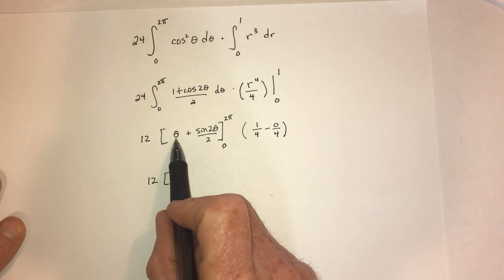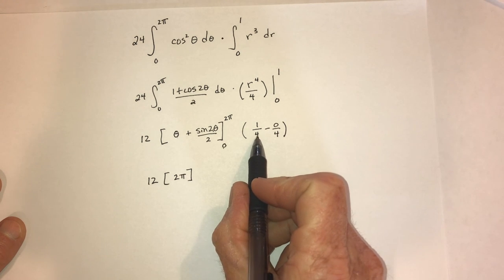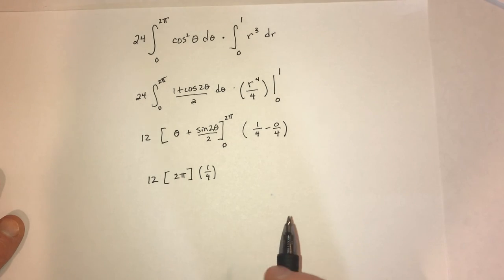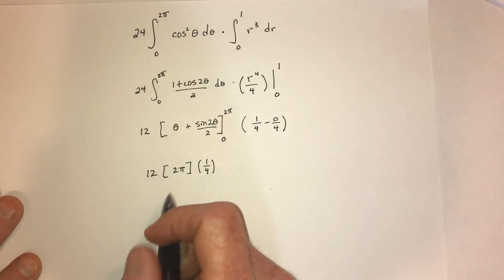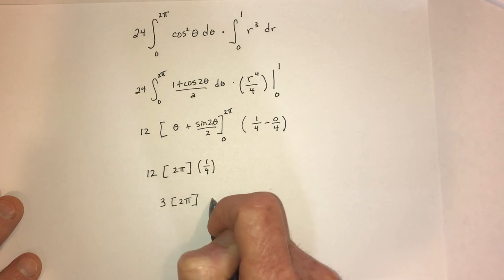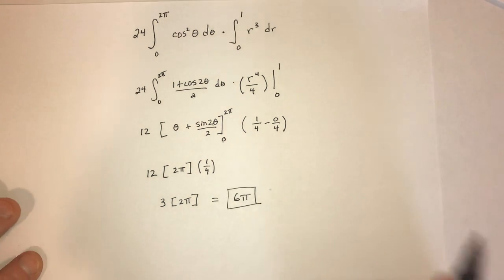So all that's left is this single 2 pi right there. And over here, all that's left is a 1/4. Finally, 4 divides into 12 3 times. And then 3 times 2 pi equals 6 pi. Ta-da!